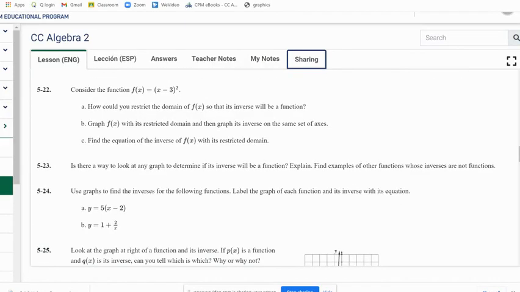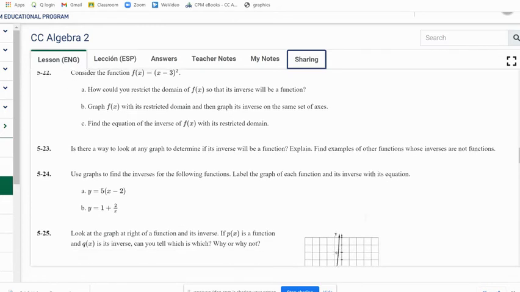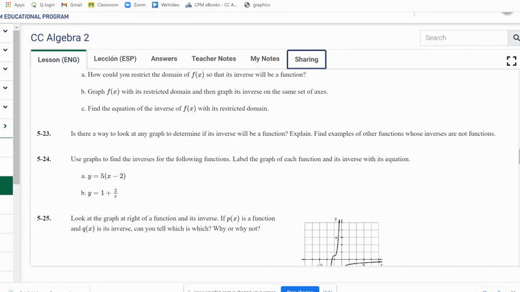Lastly, question 24 says to use the graphs to find inverses for the following functions. Label the graphs of each function and its inverse with the equation. You don't necessarily have to draw the graph.